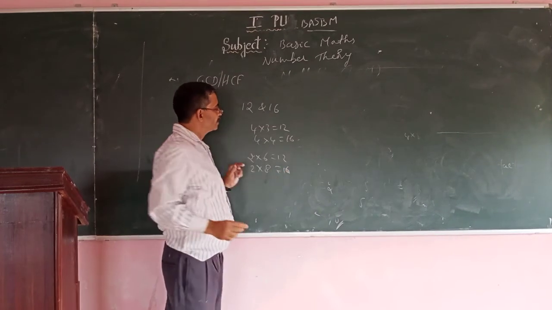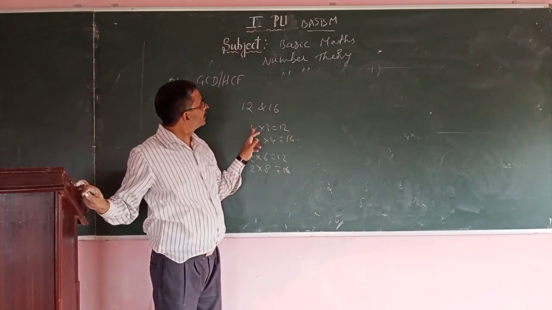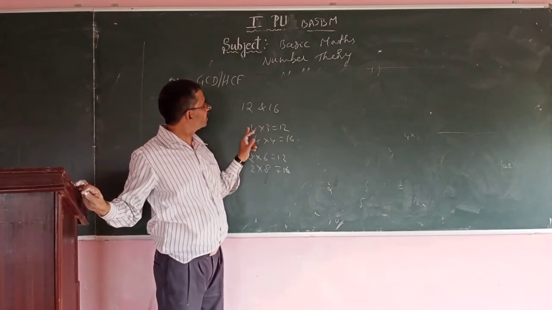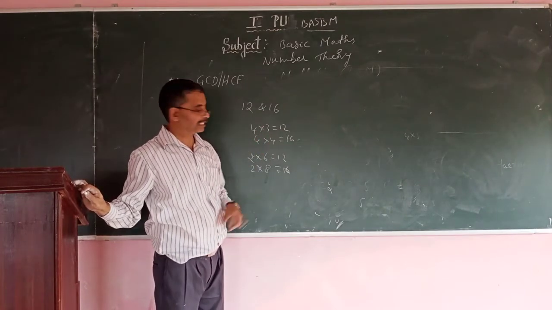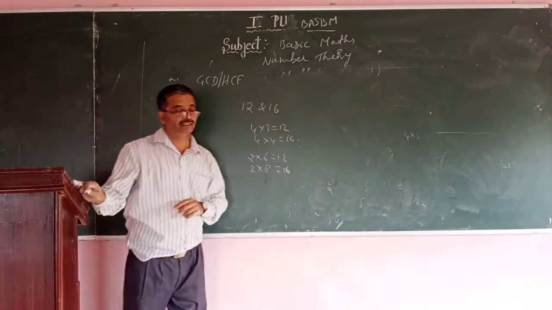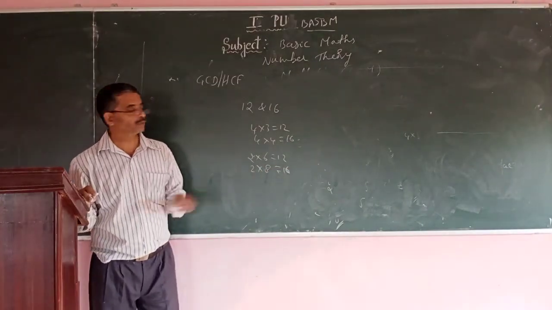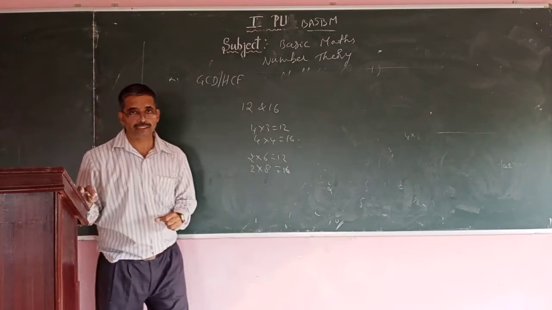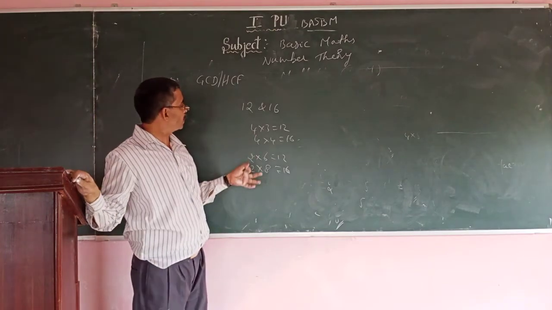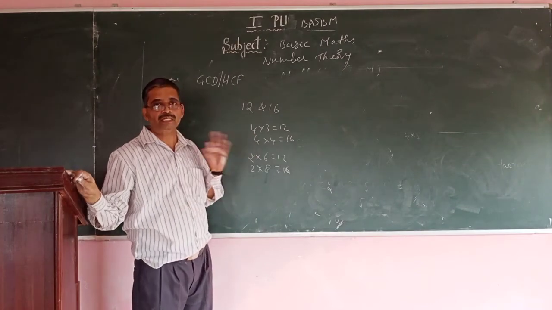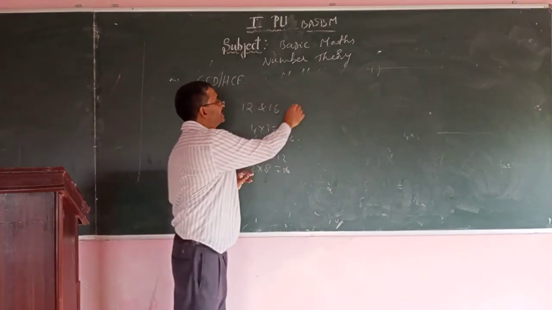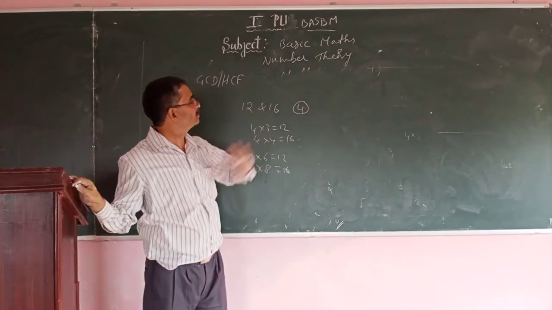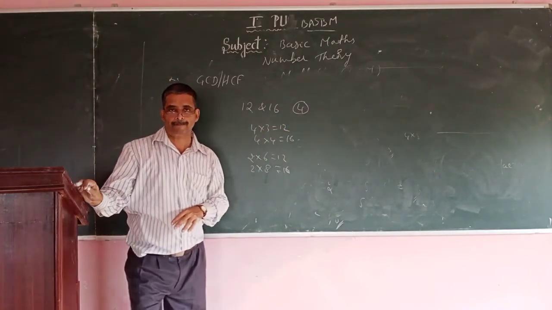You observe, 4 is a divisor of both. 4 into 3 is 12, 4 into 4 is 16. 4 divides both 12 and 16. 2 also divides 12 and 16, because 2 into 6 is 12, 2 into 8 is 16. What do we want? We want the greatest among those. 2 or 4. Naturally, it is 4. So 4 is the GCD of 12 and 16.